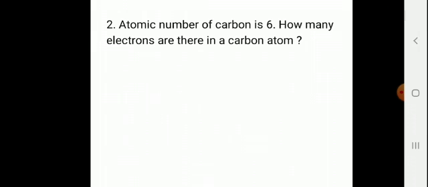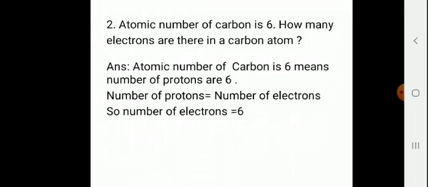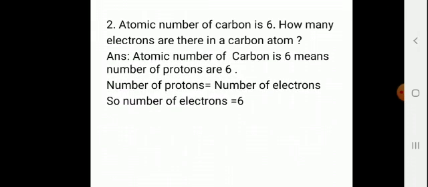Means 6 electrons should be there in an atom of carbon. Atomic number of carbon is 6 means number of protons are 6 and number of protons are always equal to number of electrons. So the number of electrons will be 6. Is it right?